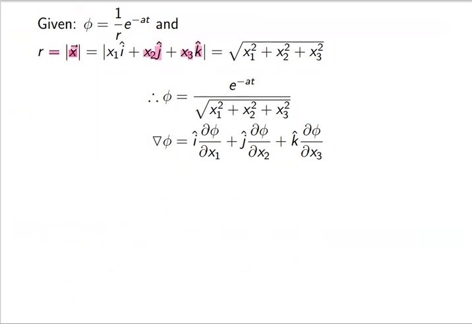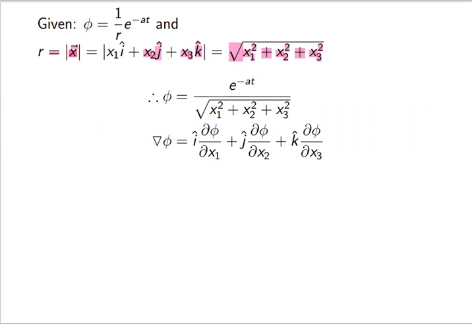The modulus of any vector is the square root of the first component square plus the second component square plus the third component square. That is our r. So substituting for r, phi will be equal to e power minus at divided by that r.